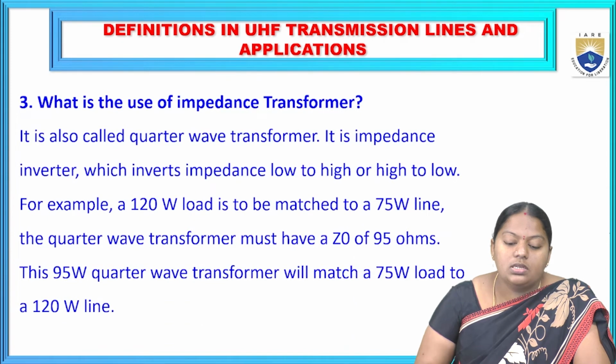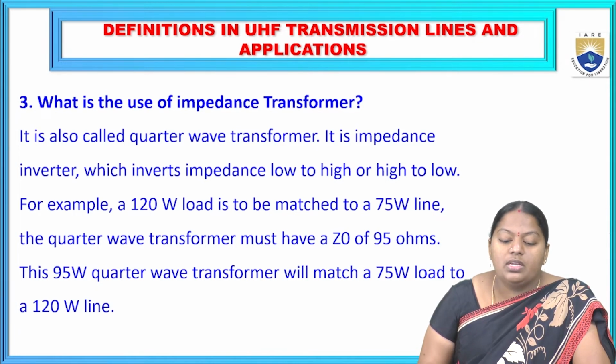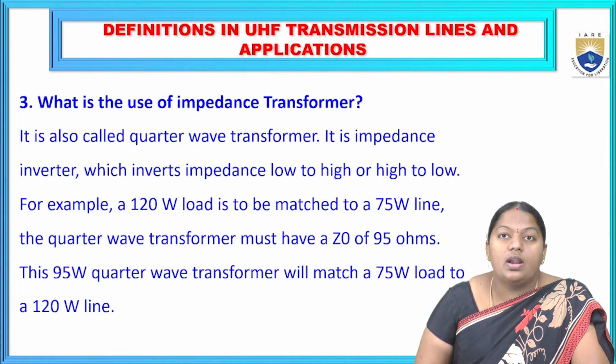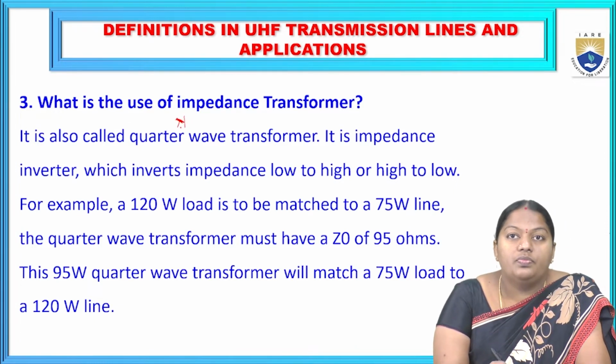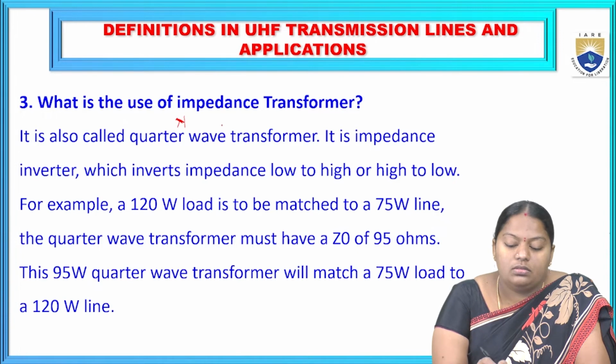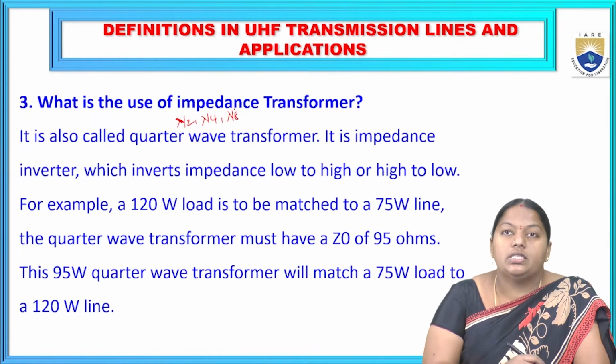Next, what is the use of an impedance transformer or impedance matching? It is also called a quarter wave transformer. Depending upon the wavelength of the line, we have three different cases of transformers: lambda by 2, lambda by 4, and lambda by 8.